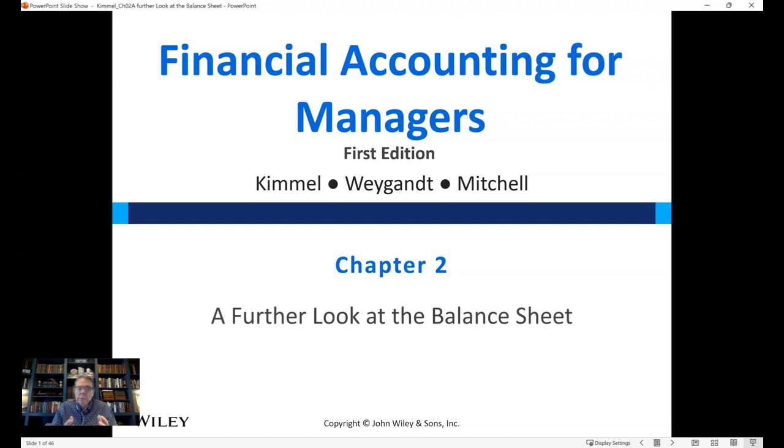Number 3 would be the balance sheet, and this is a list of all your assets, liabilities, and equity. The balance sheet represents the accounting equation. So assets equal liabilities plus equity. So the total number of assets is equal to liabilities plus equity.